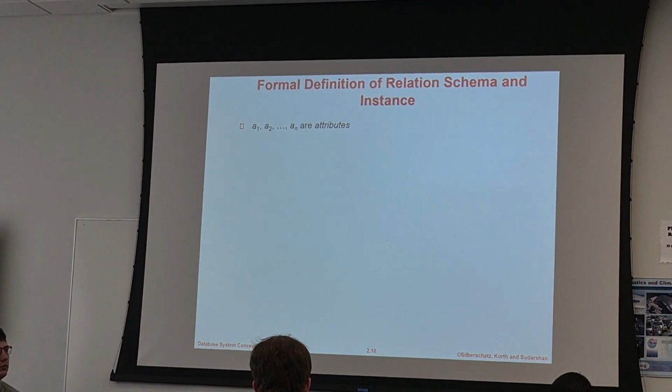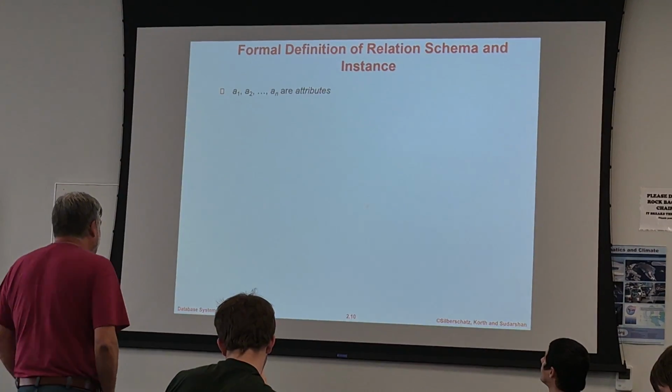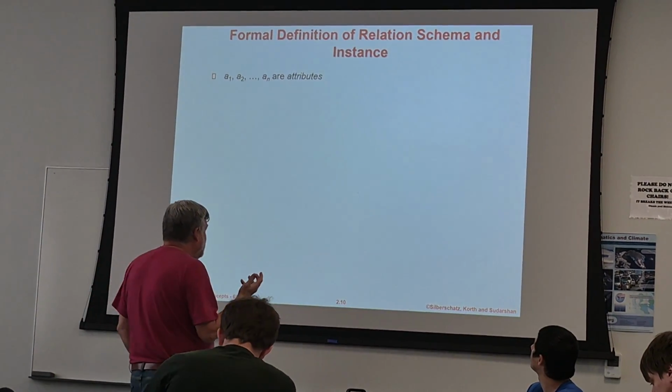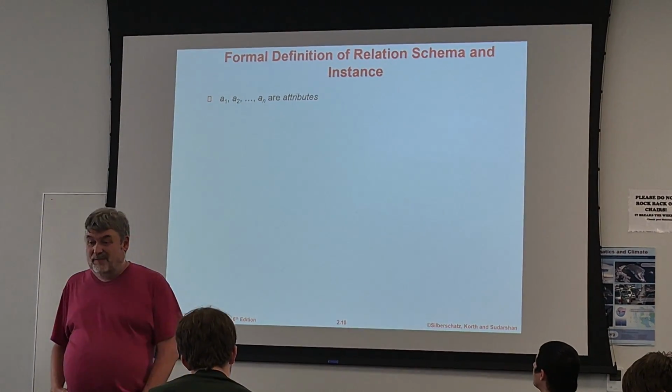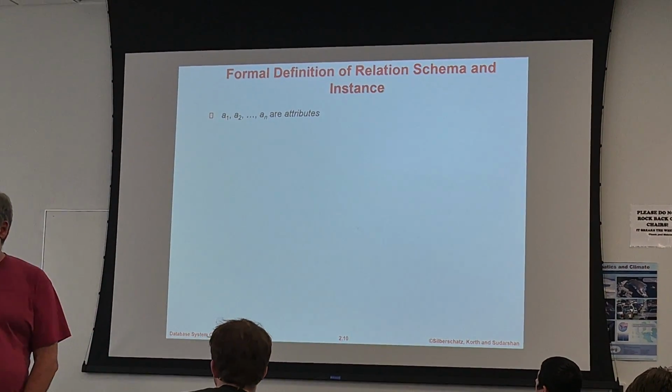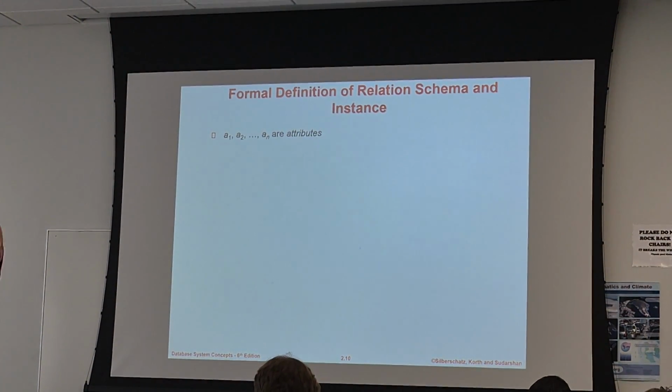Oh, here, formal definitions. We're getting even more mathy. So we know that attributes are going to be string values. They're the names at the tops of columns, but mathematicians, of course, will say, okay, I know that this table is going to have a bunch of column names.